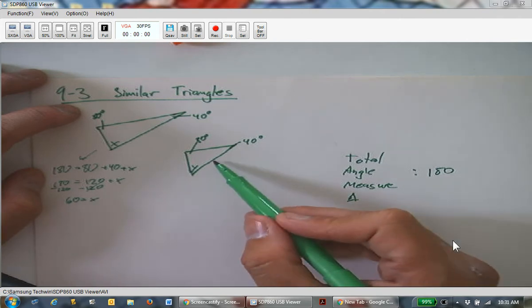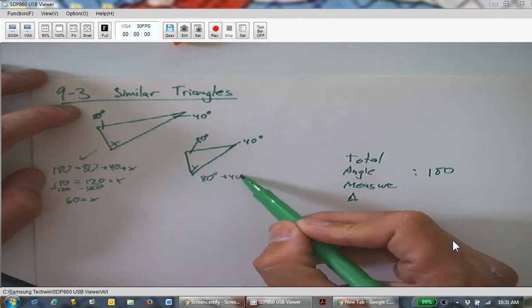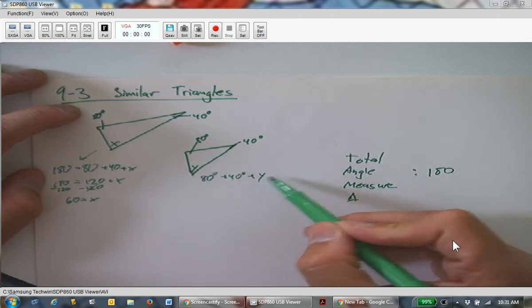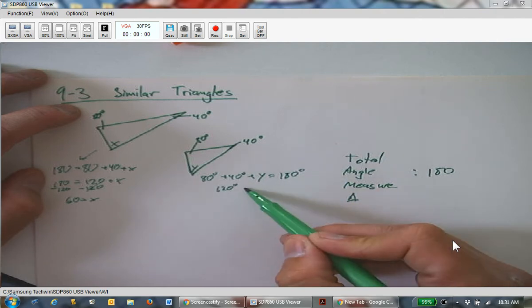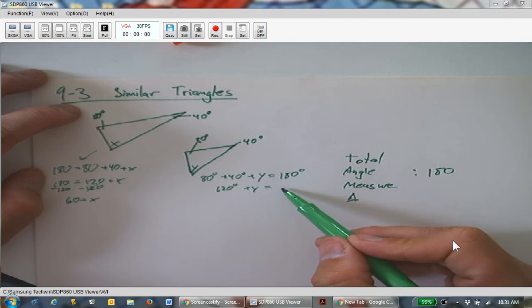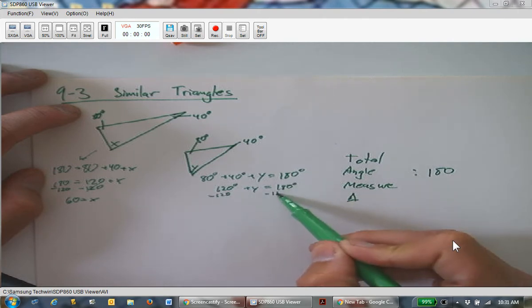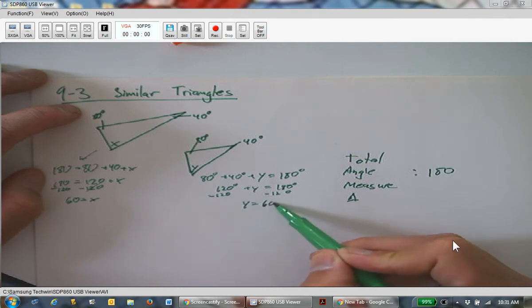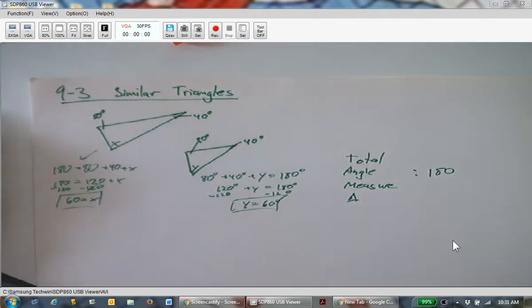Over here, it's the same setup: 80 degrees in this triangle plus 40 degrees in this triangle plus that mysterious Y is equal to 180. You have 120 degrees plus Y is equal to 180 degrees. You subtract 120 from both sides, and you get something similar, pun intended. X and Y are both 60 degrees.